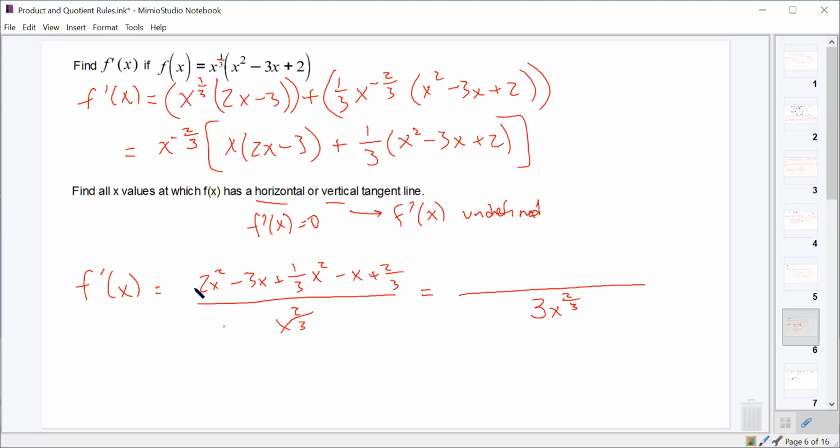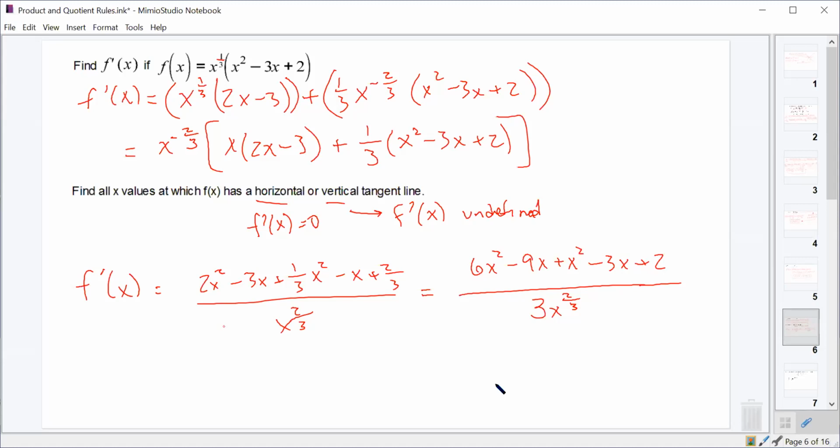This one would become a 6x squared. This one would become a minus 9x. This one already has the denominator of 3, so that'll just stay as an x squared. This one will become a minus 3x, and that one already has the denominator, so it'll become a plus 2. Everybody good with that or no?